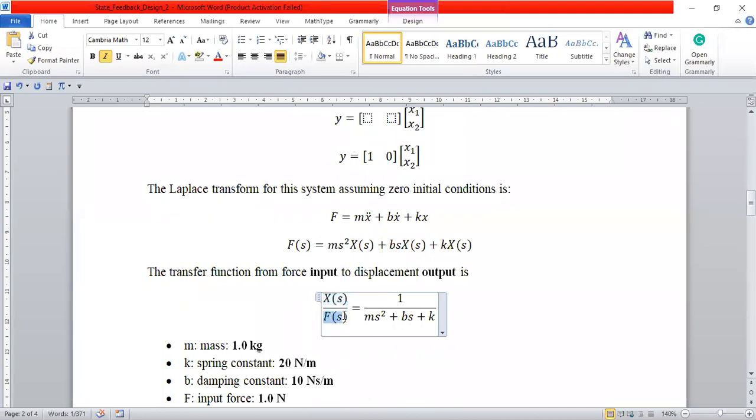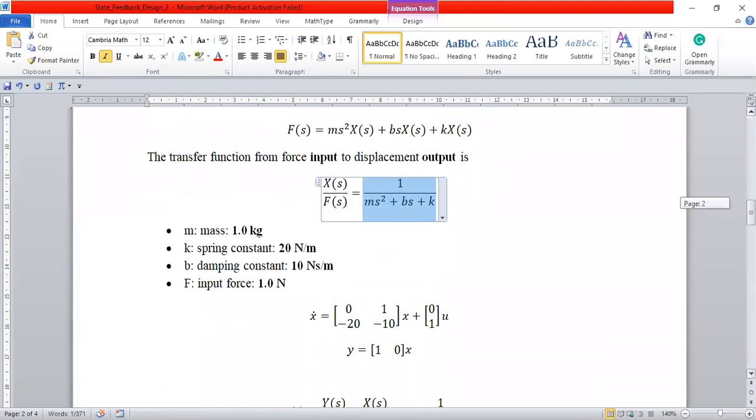Then the input is the force. So the transfer function is the relationship between the output and the input. Then this is the input and this is the output. Then you just put this formula in terms of x divided by f, then you arrive at this equation.